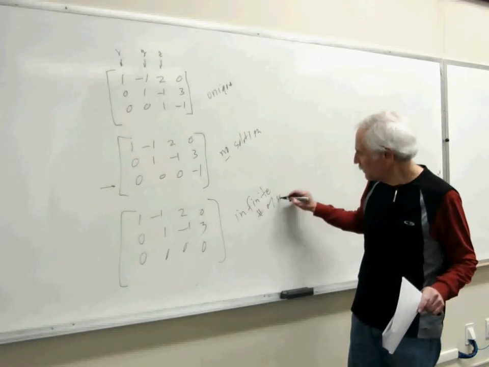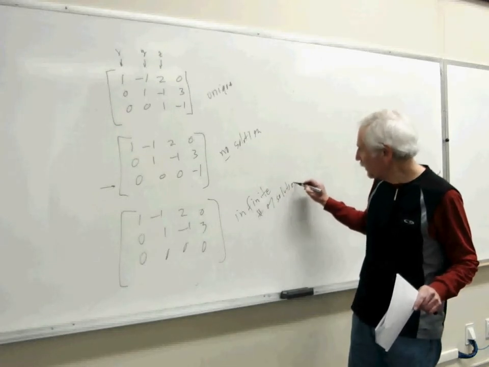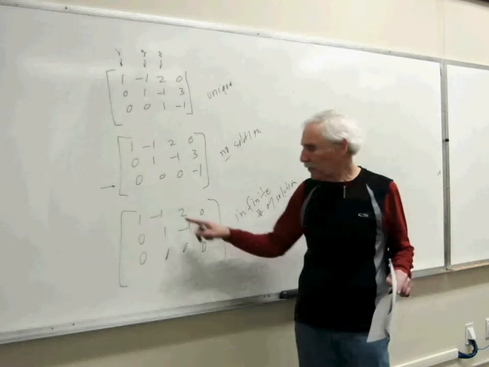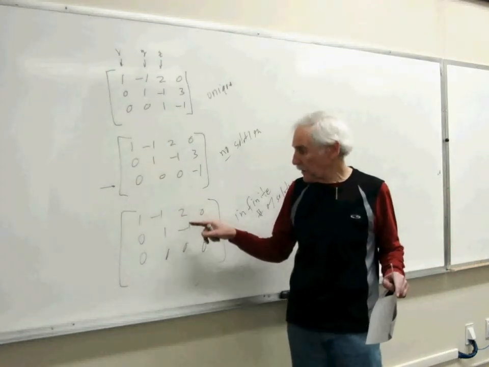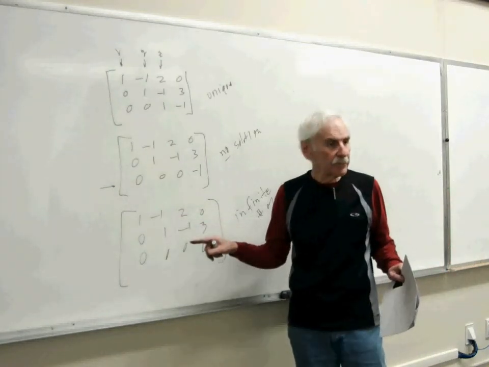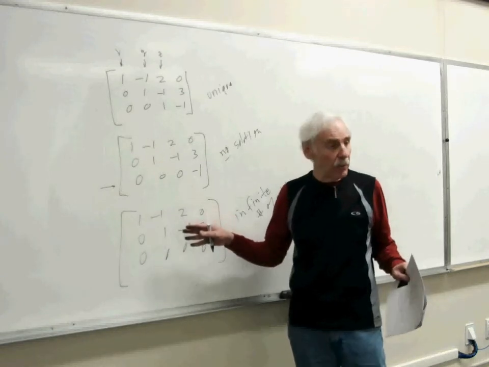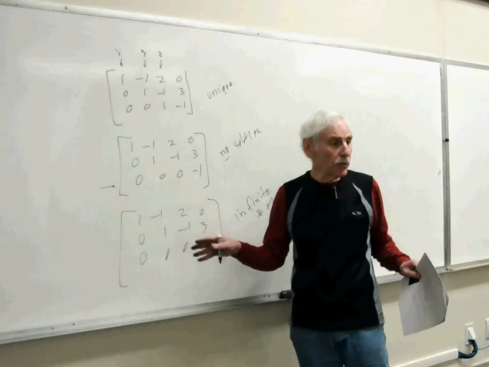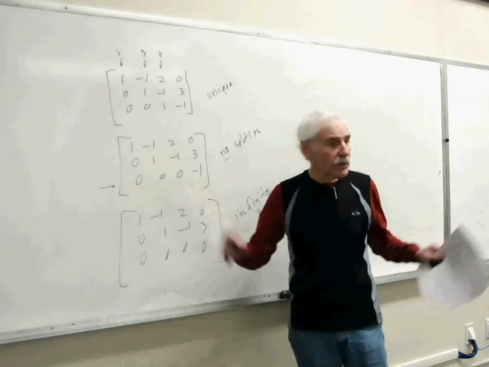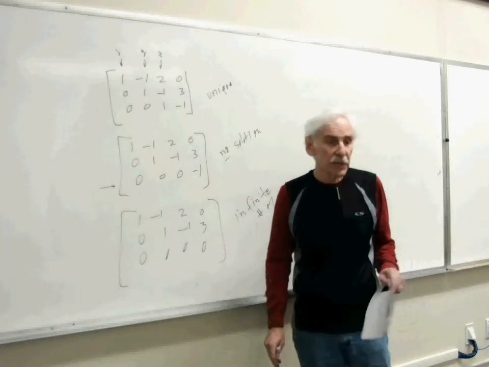I can make Z any value, and I can calculate X and Y for that value of Z, and it will satisfy my equations. It will be a solution, but I have an infinite number to choose from because I have an infinite number of values of Z that I can choose from.